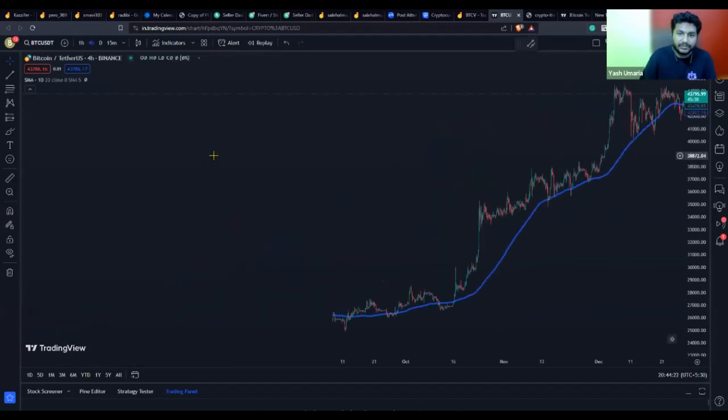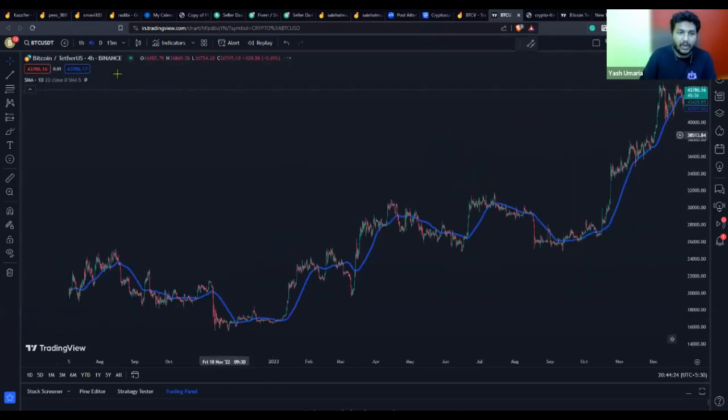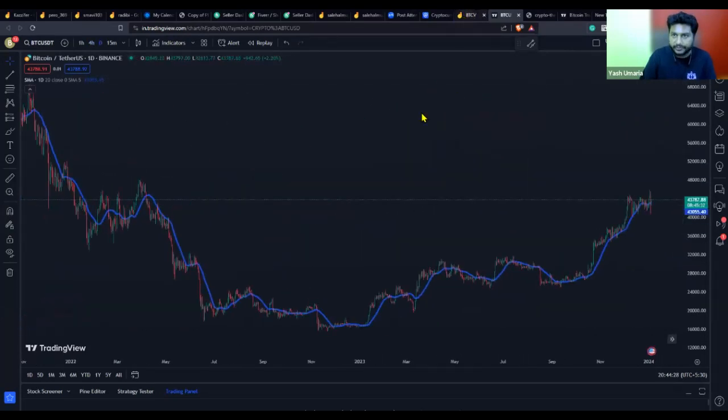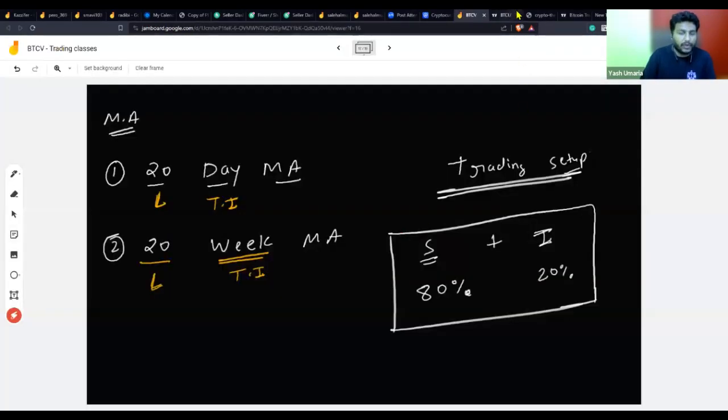Great. Now in the previous class, I did mention one thing. Right now we are talking about an indicator. I might be repeating myself because it's been a long time since we had a class. So about indicators, let me just repeat myself again.